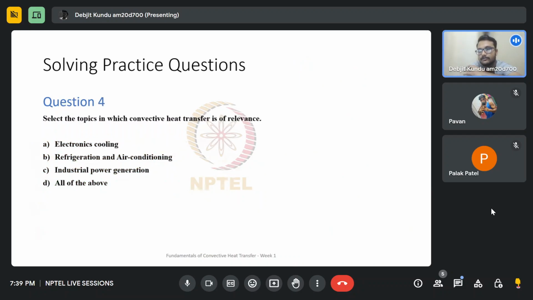So we will roll down to question number 4 of today's session, which is asking us to select the topics in which convective heat transfer might be of relevance. Is it option A, electronics cooling, option B, refrigeration and air conditioning, option C, industrial power generation, and option D, all of the above?